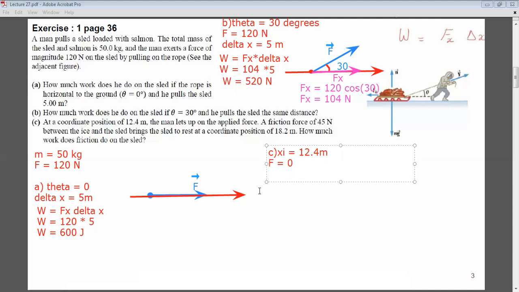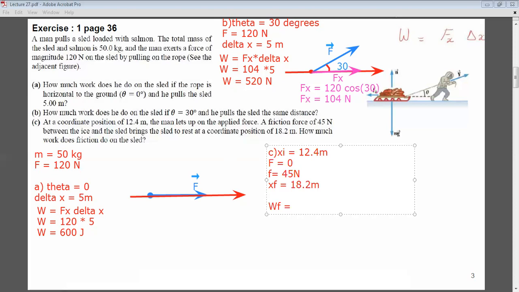A friction force of 45 Newton, between ice and the sled brings the sled to rest at a coordinate position of 18.2 meter. X final equal 18.2 meter. How much work does friction do on the sled? So we want W by friction.